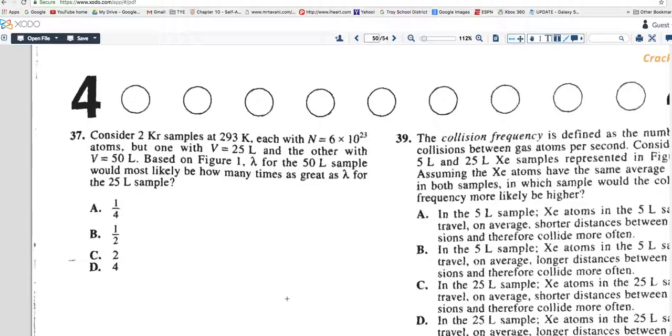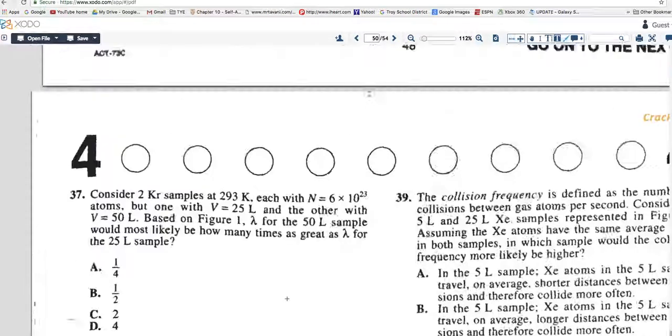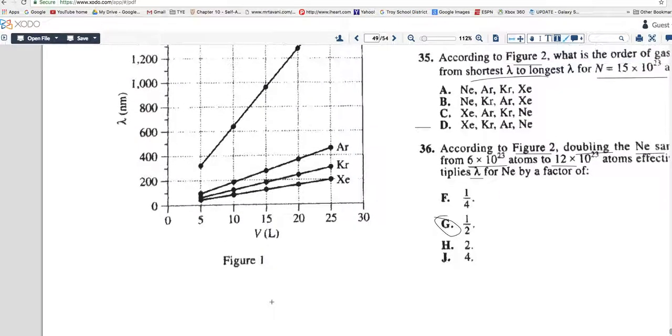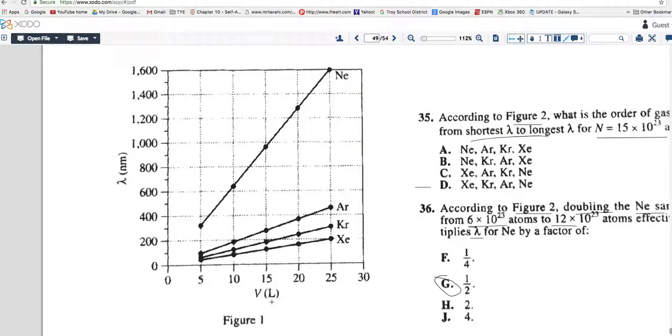But C, how'd you get C? If you look at KR, 293 is already given in figure 1. Instead of n equals 6 times 10 to the 23rd, it shows 25. Think how much greater the 51 would be.